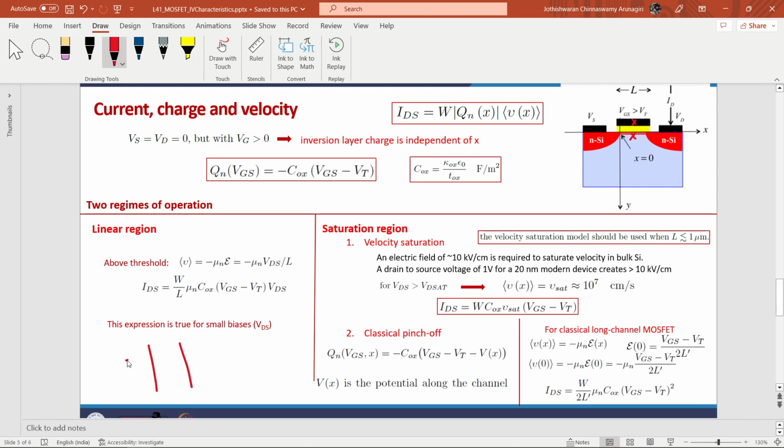So this is my metal Fermi level. Let me draw this slightly straighter. So now this is a three level device. Will this be okay? Yeah, this should be okay.